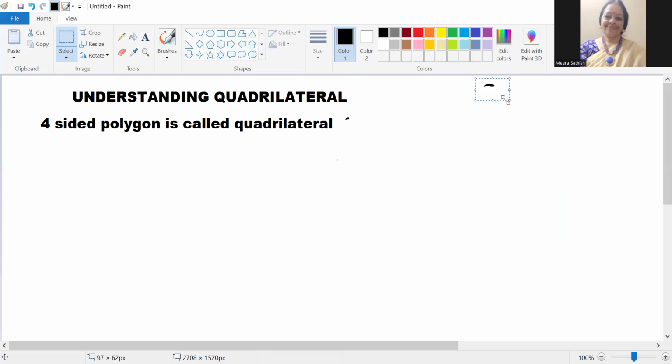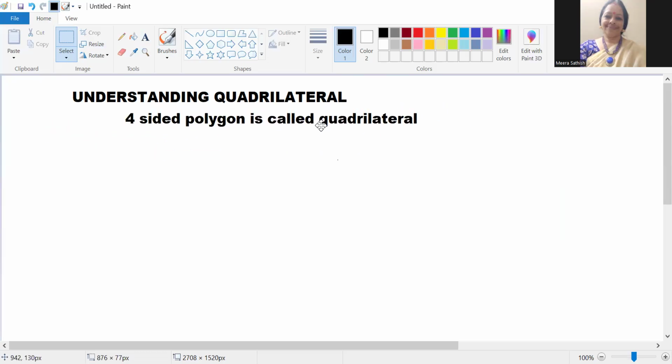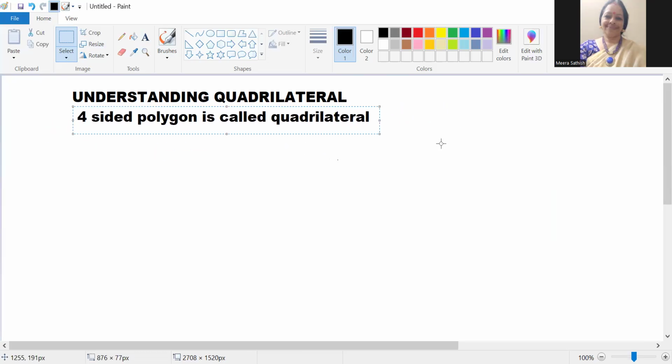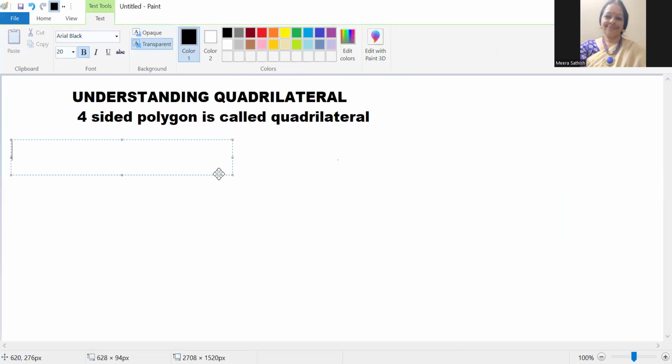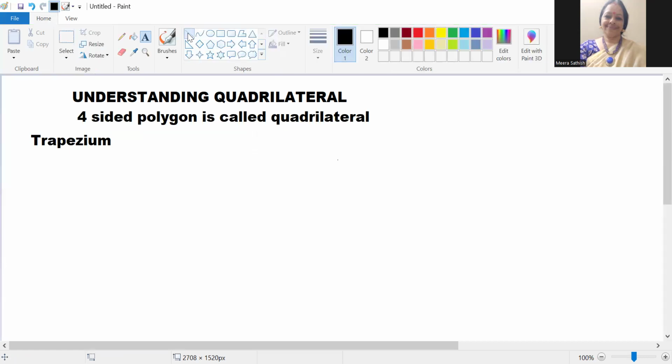So, first we will learn about trapezium. In the quadrilateral family, the first to come is trapezium. What is a trapezium? First I will draw the figure, then I will explain.